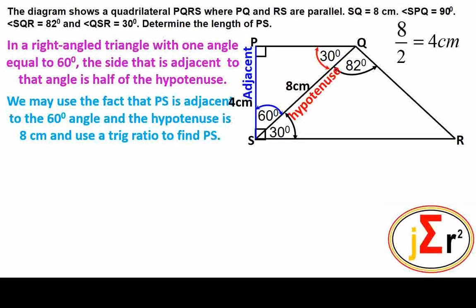Trig ratios are only applicable in their pure form to right-angled triangles. We know that PS is adjacent to the 60 degrees angle, and we know the hypotenuse. Adjacent, hypotenuse, what do?